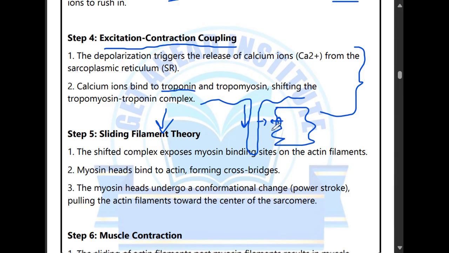And when it gets hold of it, it will pull it off. Since it is likened to a door, when it is pulled off, it will lead to the leaking of calcium ions. And when calcium leaves, it will go and bind to the troponin C part. Is that okay?